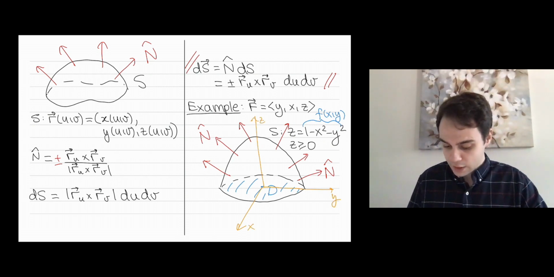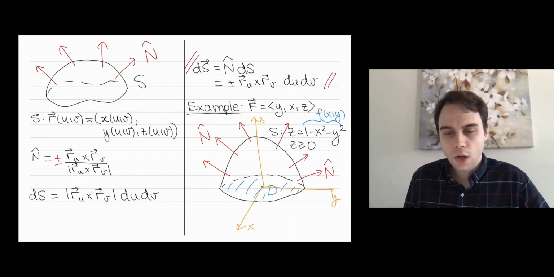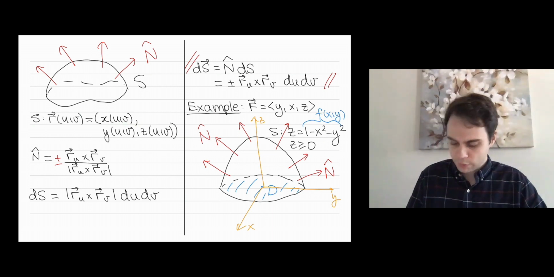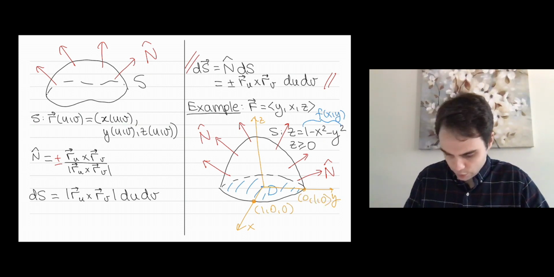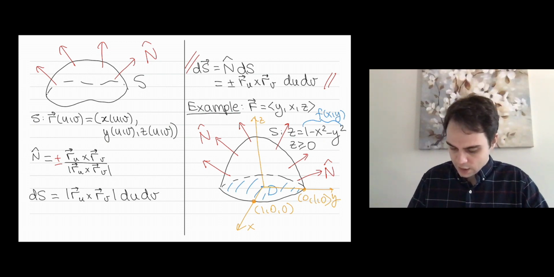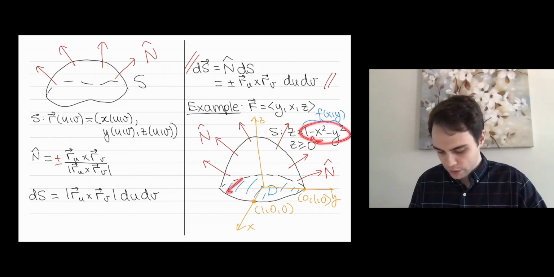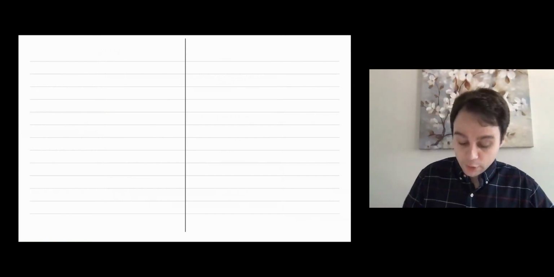If I say that z is 0 on D, on the xy plane, then x squared plus y squared is 1, so this disk has radius 1. So for example, this point here is (1, 0, 0), and this point is (0, 1, 0). The point being that S is the graph of this function over the disk of radius 1. Right, so how are we going to parameterize a graph?